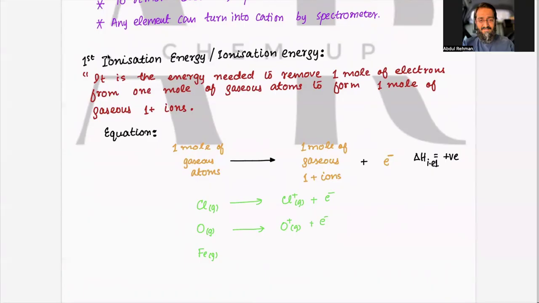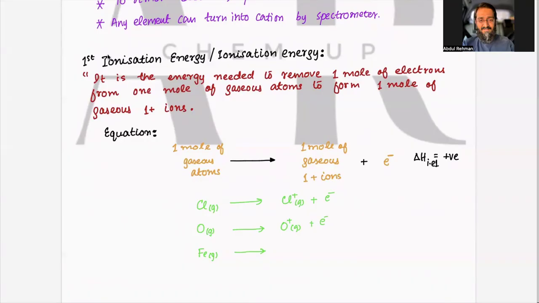You haven't seen earlier oxygen or chlorine as a positive ion. But in mass spectrometry we meet non-metals' positive ions as well, though naturally they tend to gain electrons and become negative ions. So sometimes students get confused if the examiner asks for the first ionization energy of chlorine and they make Cl minus, because that's in their mind.